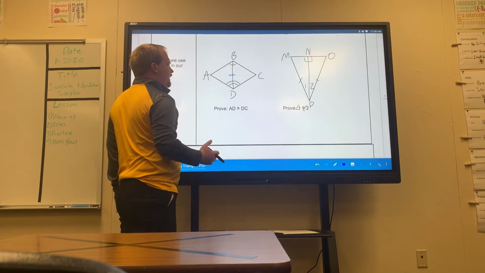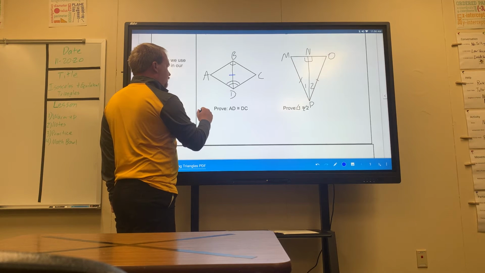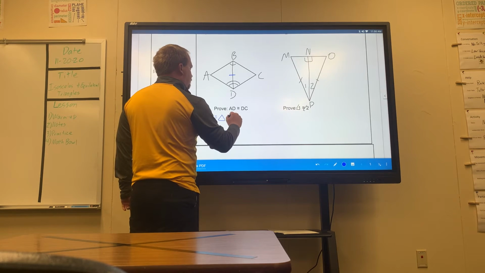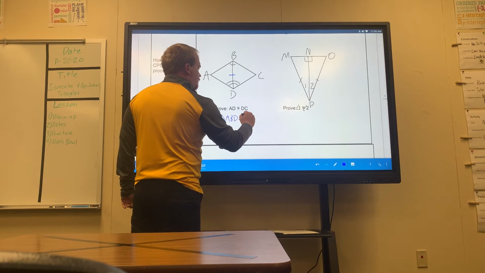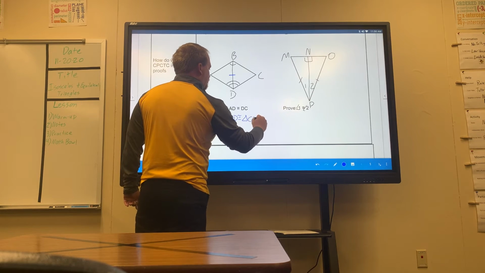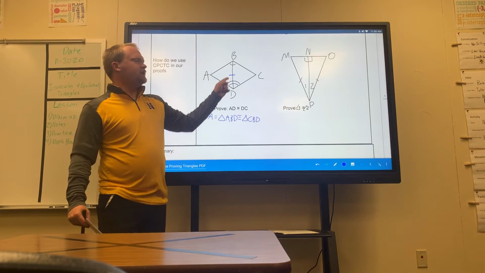Now, knowing that, I know that this triangle is congruent because of angle, side, angle. So I can say triangle ABD is congruent to triangle CBD. And it works because of angle, side, angle.